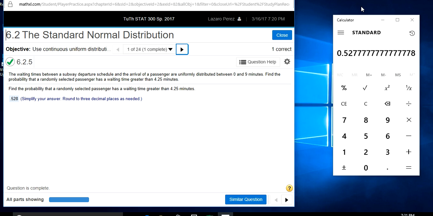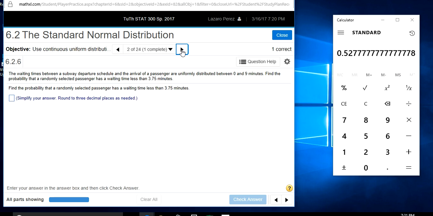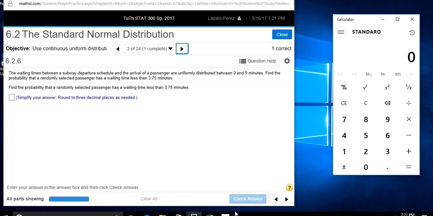So let's go ahead and try one more. Let's see if the next question is similar. Okay, yes it is. So between 0 and 9, and has a waiting time less than 3.75. Let's do the same part. So it's less than 3.75.